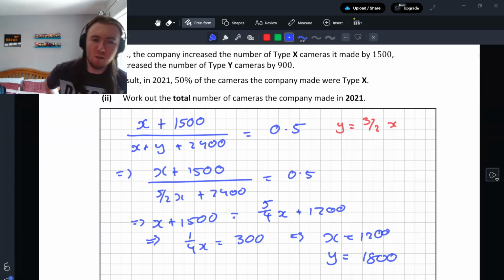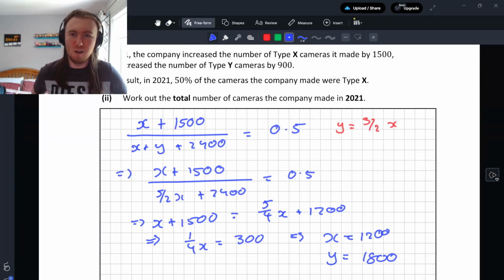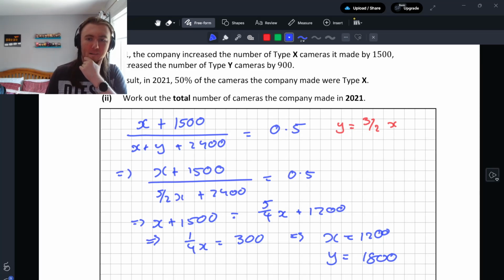Does that make sense though in the question? x over x plus y. I don't think that makes sense. As a result, 50% of the cameras made were Type X. But I've just gotten this. Hang on a second. Where is this going wrong?